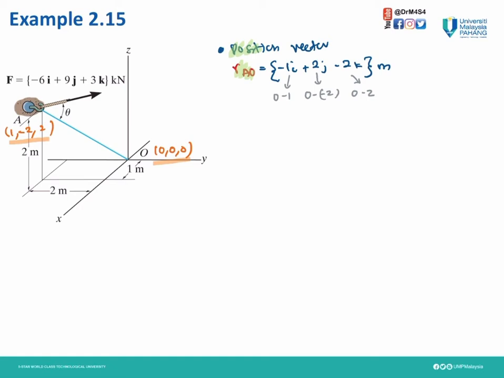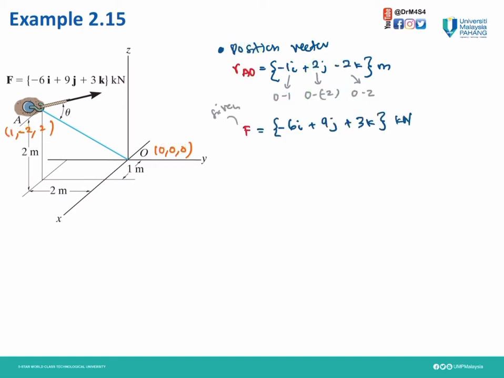So we need to identify position vector ROA. That means O minus A. So 0 minus 1 is negative 1 for I. Then 0 minus negative 2 is positive 2 for J. Then 0 minus 2, we get negative 2 for K. So we are done with position vector ROA.